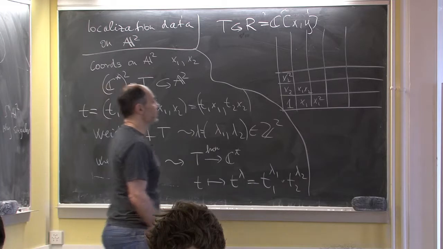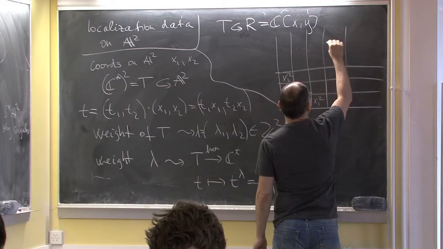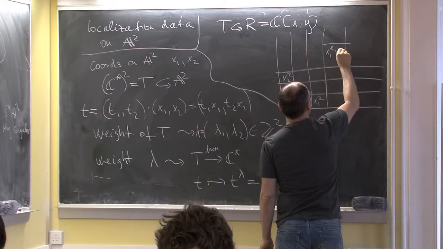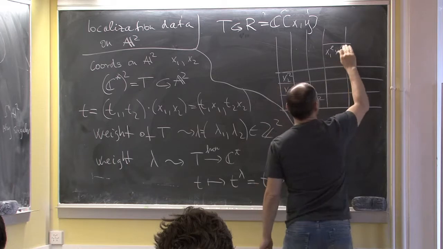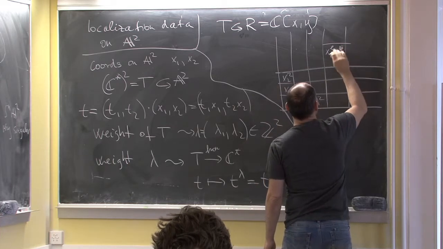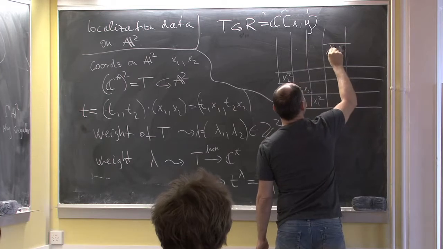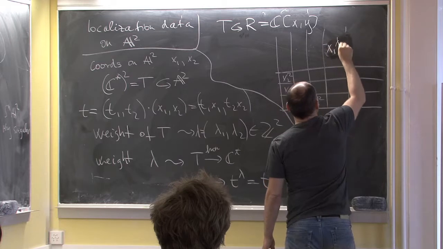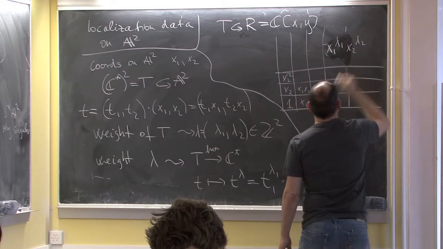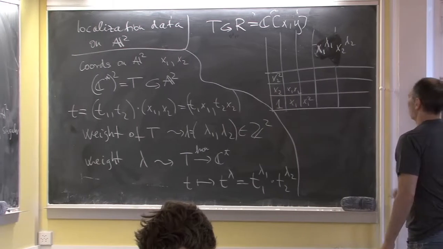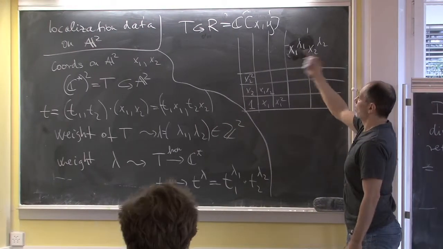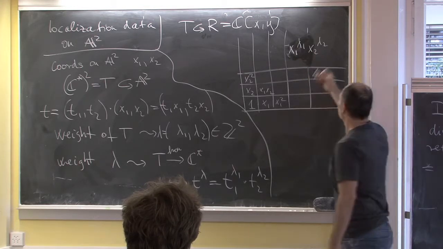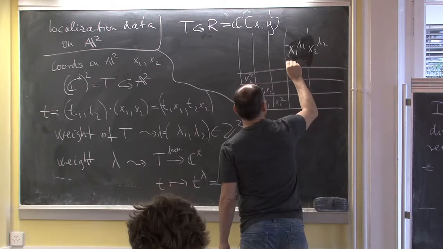So if I have here x1 to the power lambda 1, x2 to the power lambda 2, then when you act on this monomial with the torus, it just goes into a multiple of itself, so it's an invariant monomial carrying a weight.